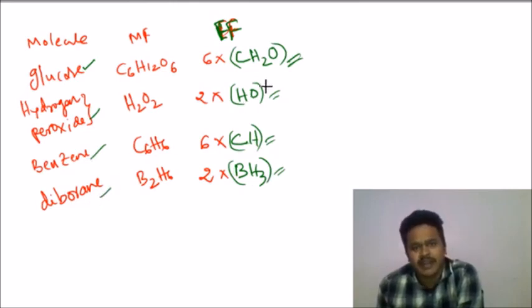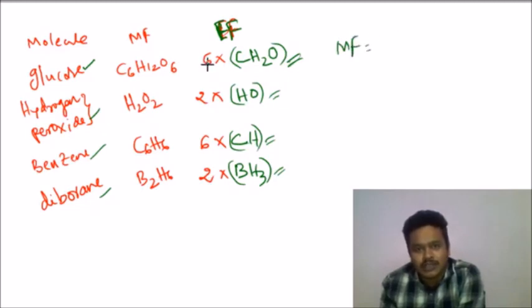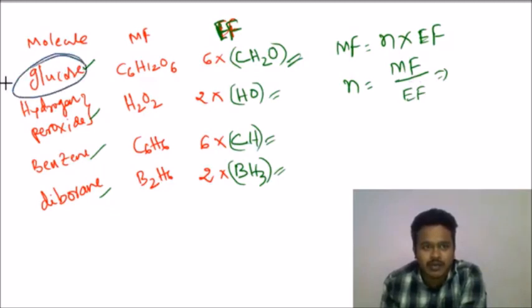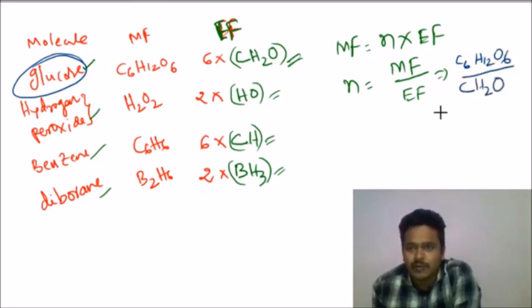Here itself we can write: if you want the molecular formula, it will be some number N times the empirical formula. If you want N, you can also say N equals molecular formula by empirical formula. For example, take glucose, C6H12O6 divided by the empirical formula CH2O.